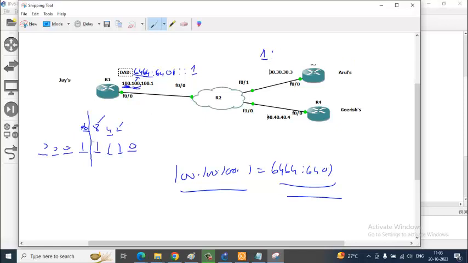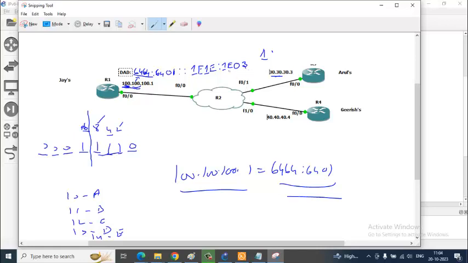How do you write 14? 10 is A, 11 is B, 12 is C, 13 is D, 14 is E. So 1E is 30. Again 1E is another 30. This 2 is over. Colon. Again 1E. 0 and 3 will be 3 only.